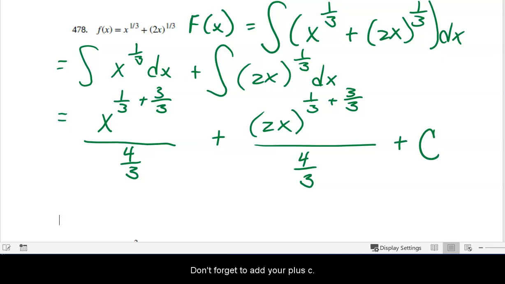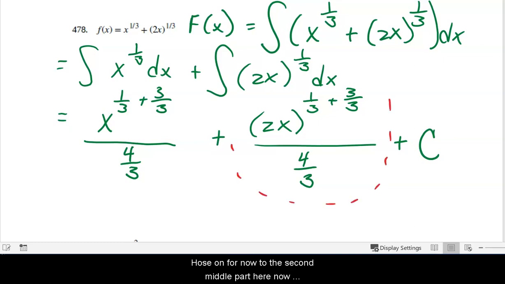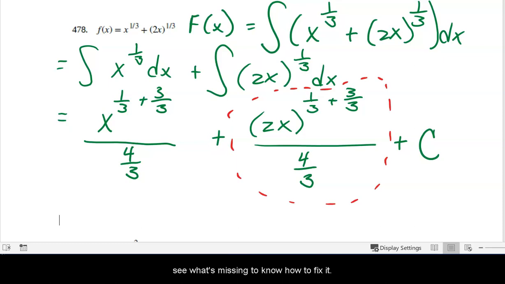Don't forget to add your plus C. Hold on for now to this second middle part here, now with a dashed red circle around it, because it is not complete. This will not give us back the original integrand. We need to see what's missing to know how to fix it.